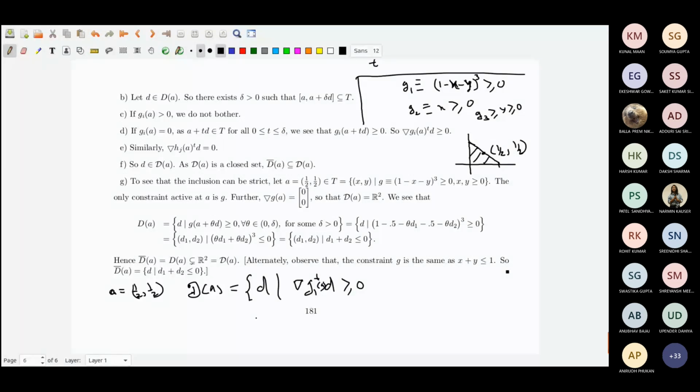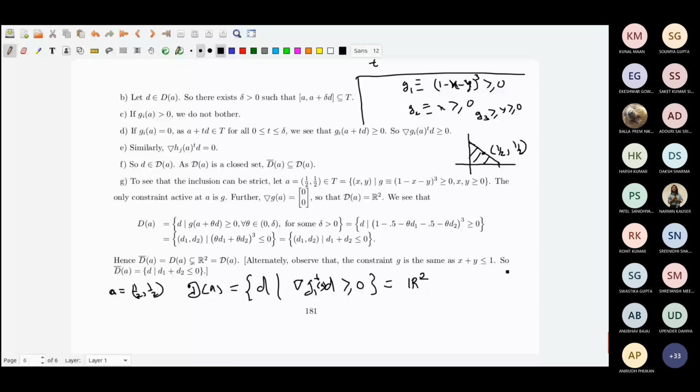That is why I had taken power 3. So now grad G1 will turn out to be 0, 0. And therefore, this is the whole of R2. I can take any direction. From half half, I can go in any direction. That's what it is giving, because grad G1 at A is 0, 0.